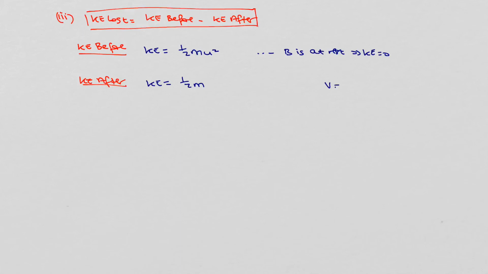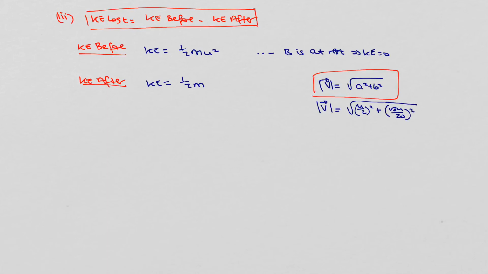Our magnitude is the square root of a squared plus b squared. So what did we have for the velocity after for sphere A? We had the square root of u over 2 all squared plus root 3u over 20 all squared.